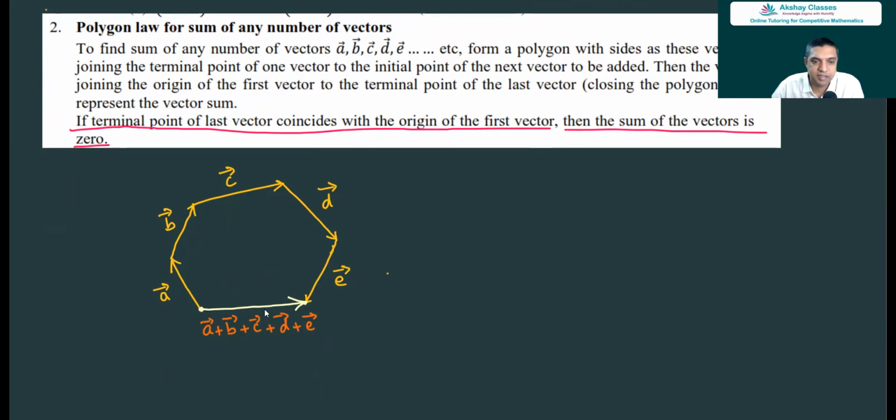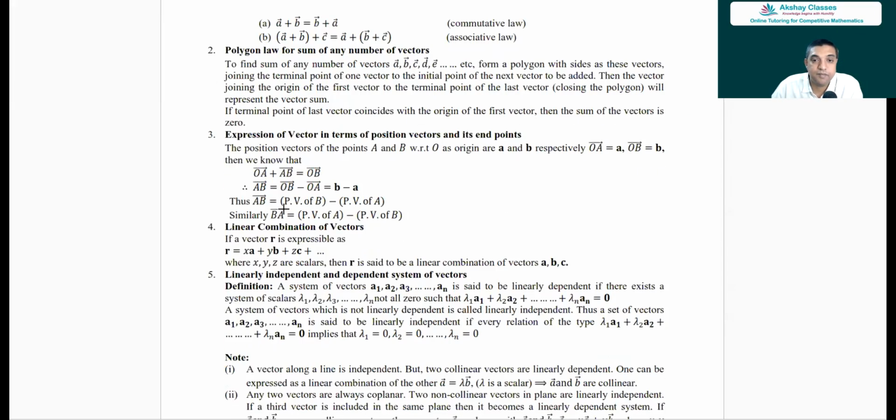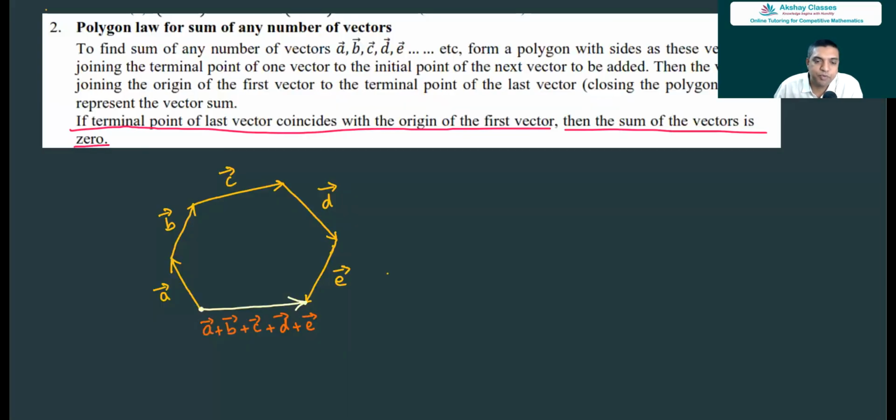So this is the polygon law of addition. Now, based on addition, this is something very basic and fundamental. For all position vectors, we use this very, very often.